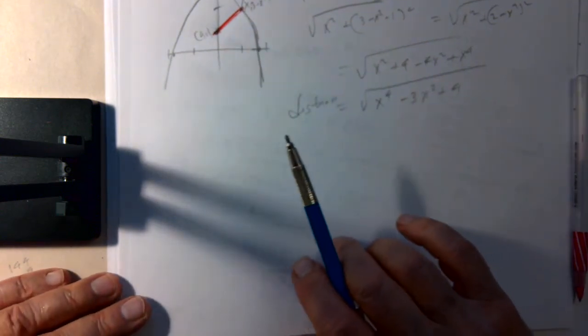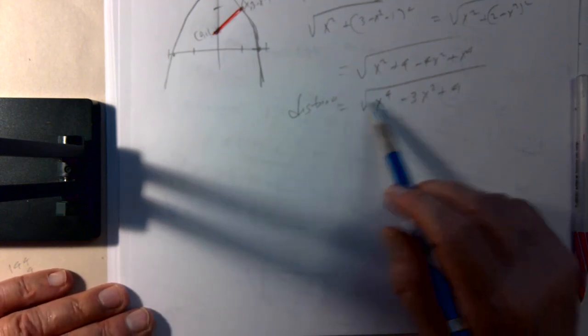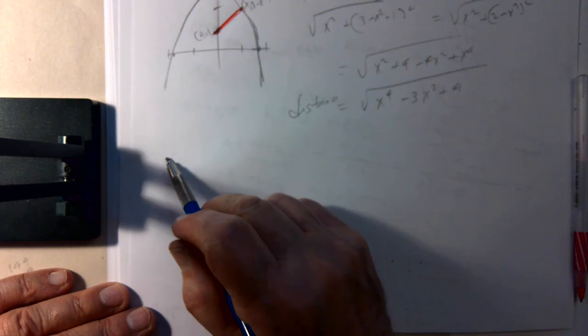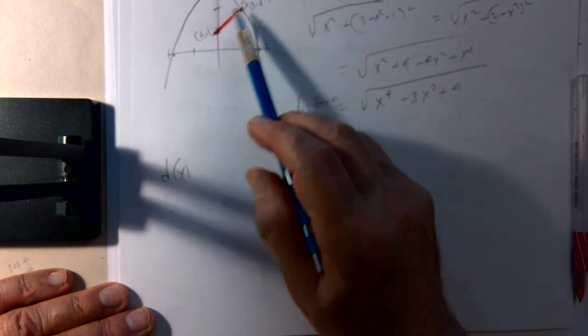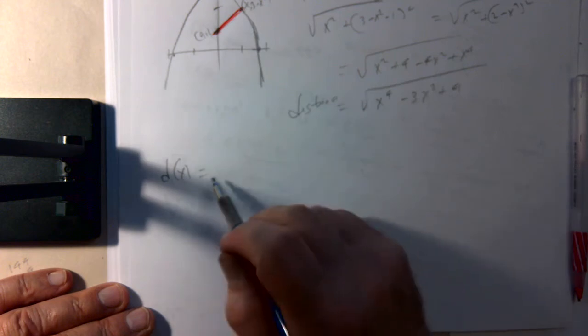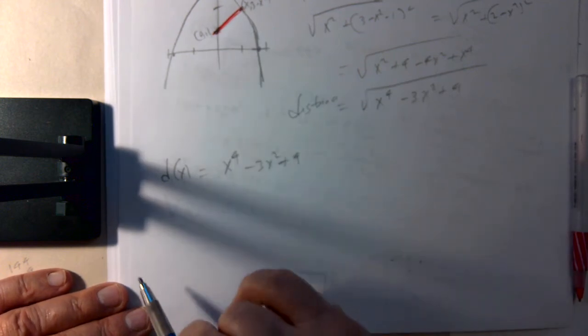And I'm taking a square root. You can minimize the distance by also minimizing the square of the distance. And the square of the distance just gets rid of the square root. So let's say d of x is the square of the distance from a point on the parabola to 0, 1. And that's given by x to the fourth minus 3x squared plus 4.